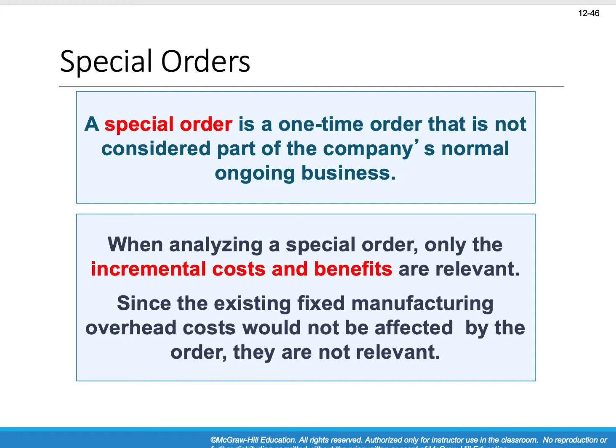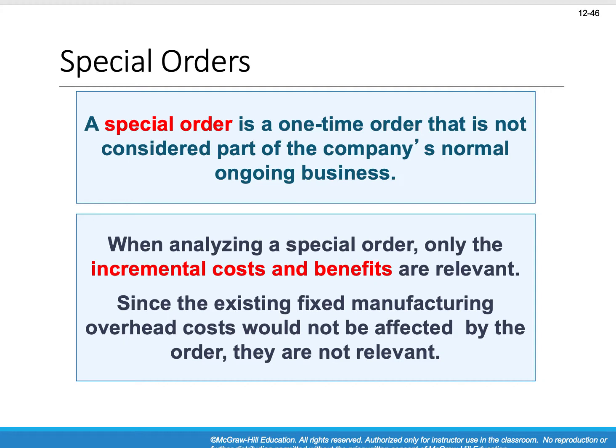Well, that's an example of a special order, right? We have these special people coming in. They want us to do something a little different, and they have a different price tag on that. Okay, so when we look at these special orders, we're going to look at incremental costs and benefits.